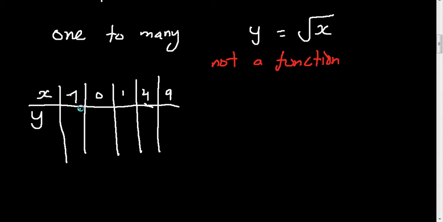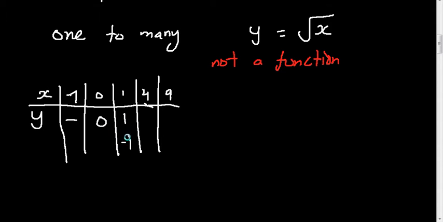Now y is equal to the square root of x. The square root of minus 1 is undefined, isn't it? You can't take a square root of a negative value, so that value is not defined. The square root of 0 is 0, the square root of 1 is 1, but is that only 1? You could also have negative 1.